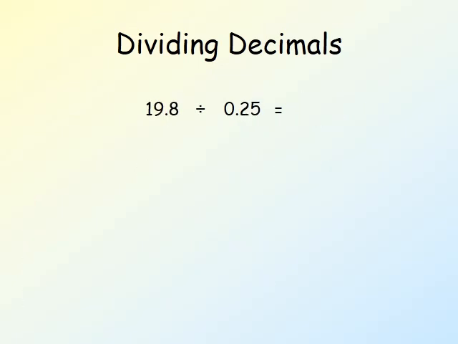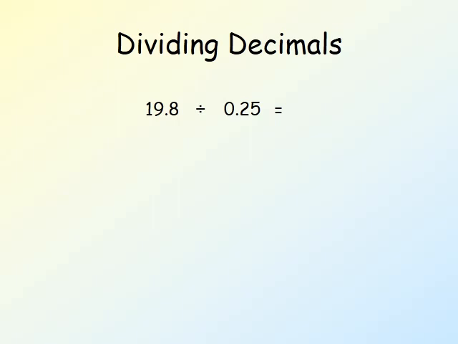Okay, so here we have decimal places in both of the numbers, but as I've said, we look at the one with the most places and decide by how much we are going to multiply. So 0.25 has 2 decimal places, therefore it must be multiplied by 100.